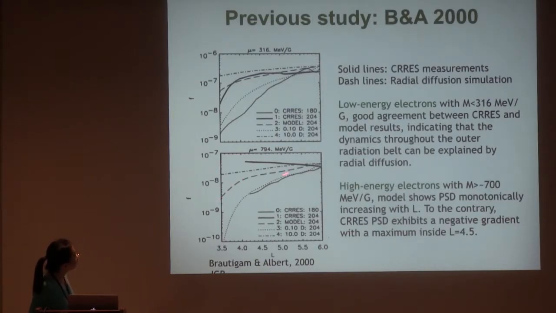The simulation shows a PSD increase with L, but the measurement shows a negative gradient with a maximum inside L equals 4.5, and this indicates that there's another local acceleration mechanism happening at around L equals 4 for high energy electrons.